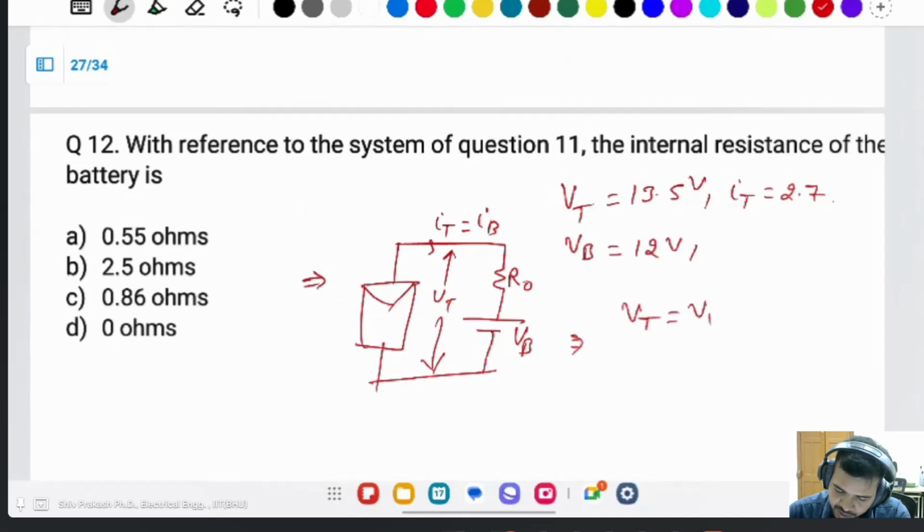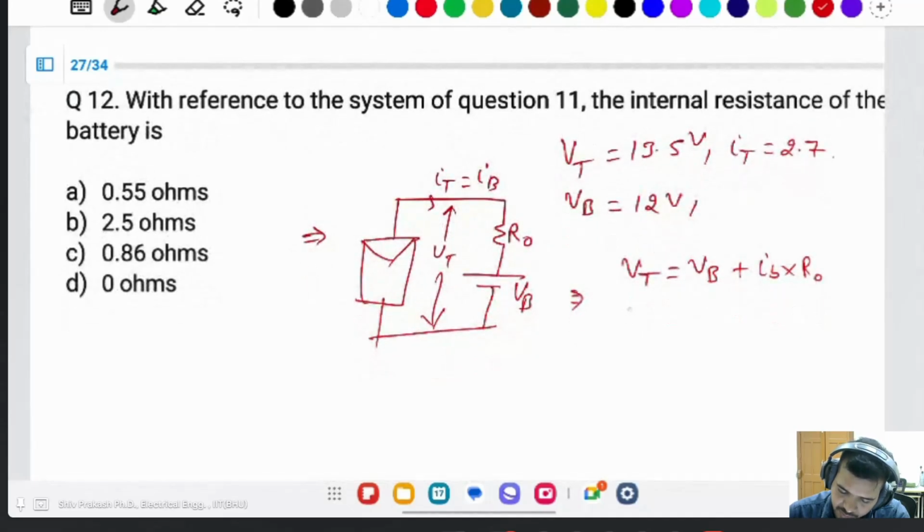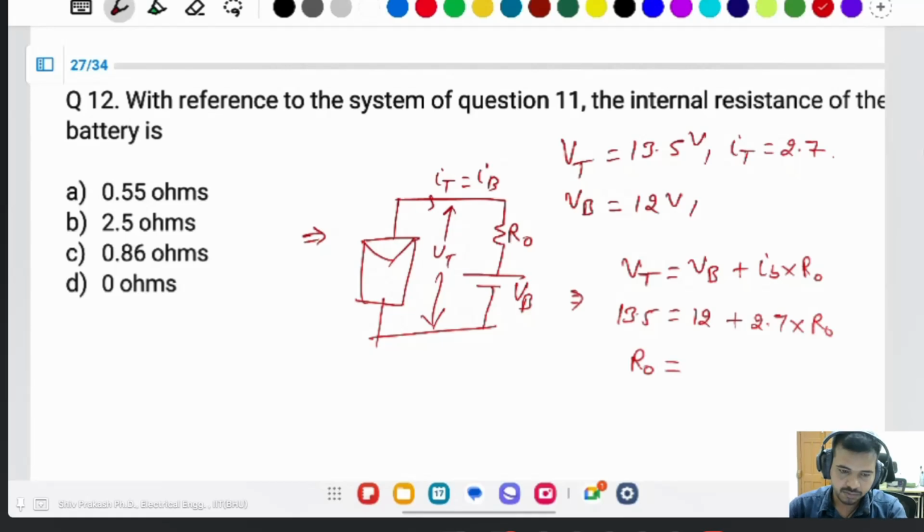VT is equal to VB plus IB into R naught. VT is given 13.5, VB 12 volt, IB 2.7. Just calculate R naught: 13.5 minus 12 volt divided by 2.7, which is 0.55 ohm. Resistance is what is asked.